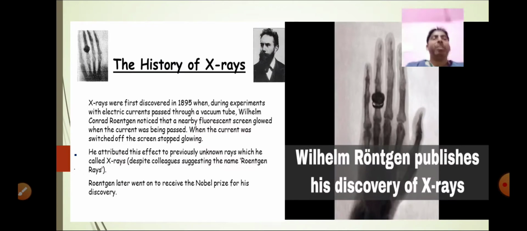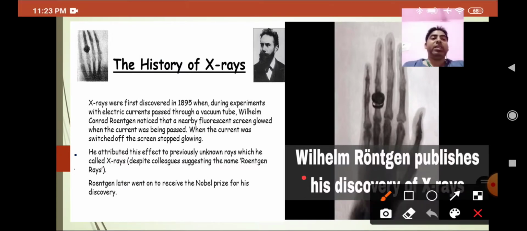Now one of the most important scientists is Wilhelm Roentgen. He is a very great scientist and he discovered the X-ray. X-rays were first discovered in 1895 during an experiment with electric current passed through a vacuum tube.